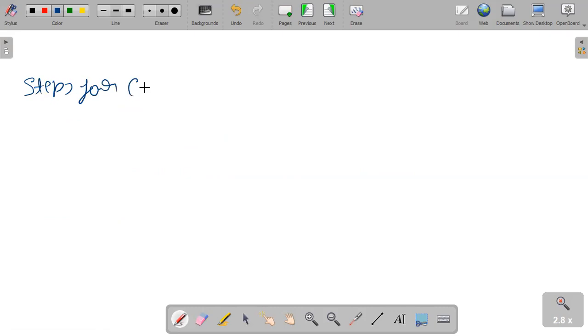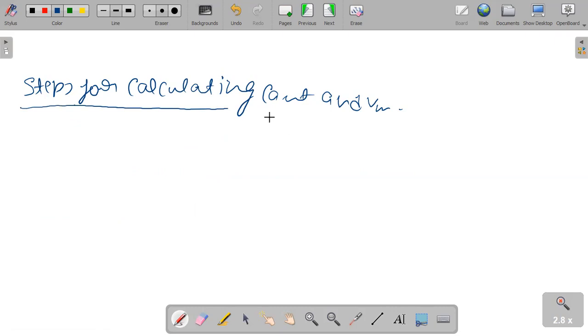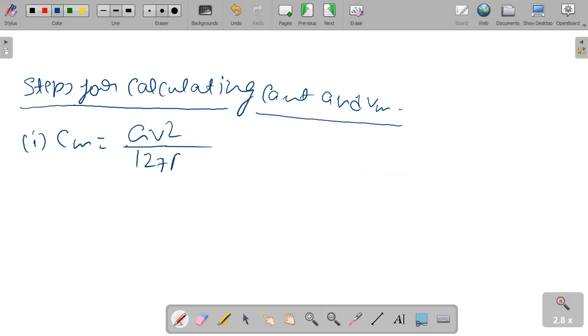This is the first step: calculate Cm is equal to GV square upon 127 R.